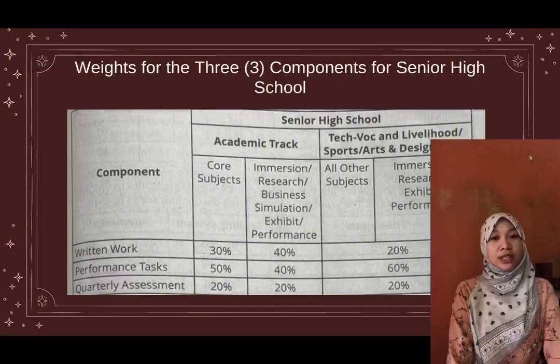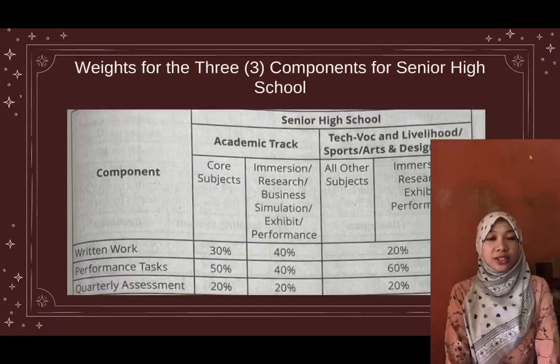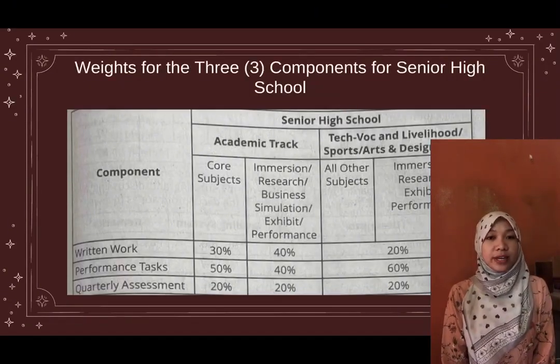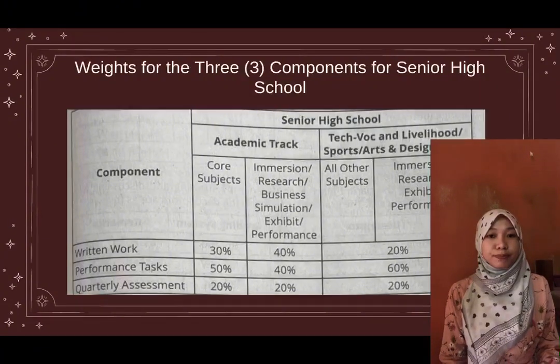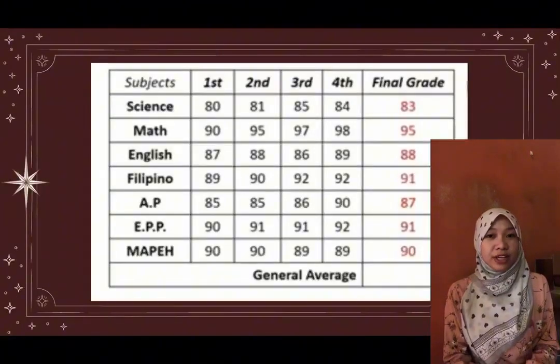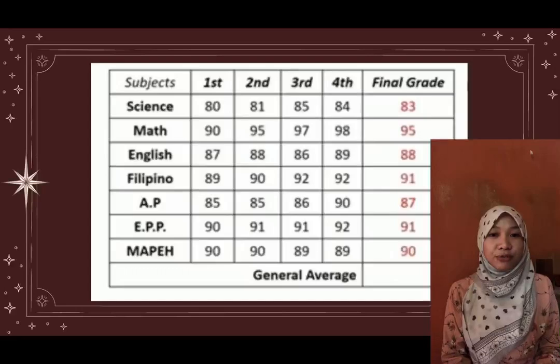Okay, for the subject like music, arts, PE, and health, or it is also known as MAPE, students get separate grades. Okay, and these are averaged to get the final grade for this subject.